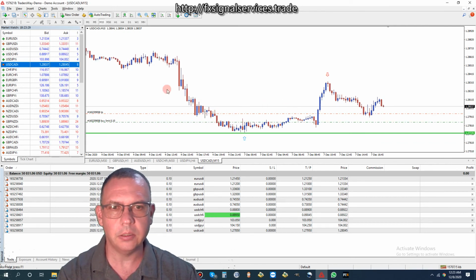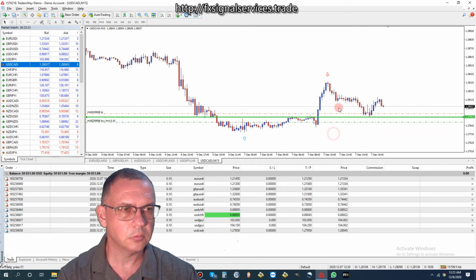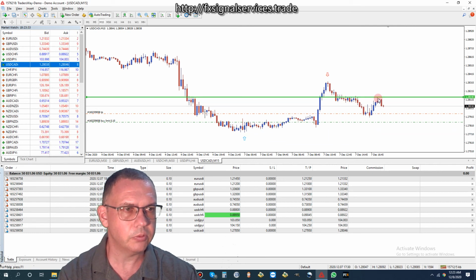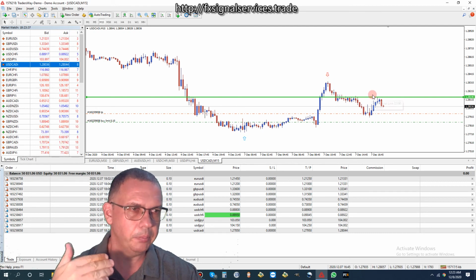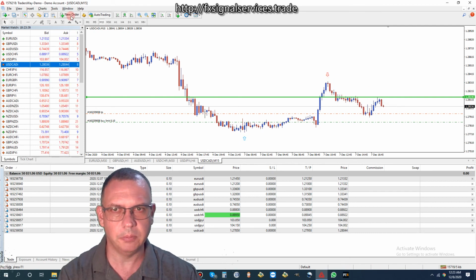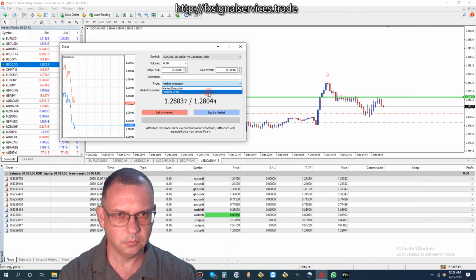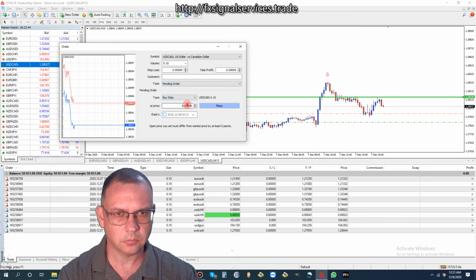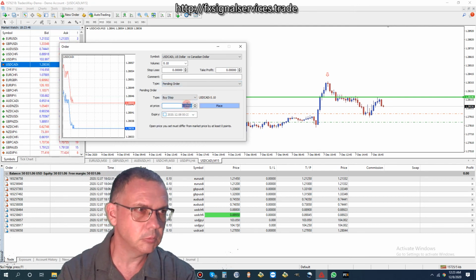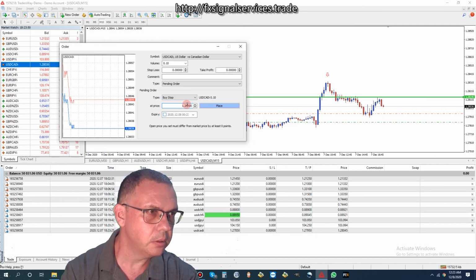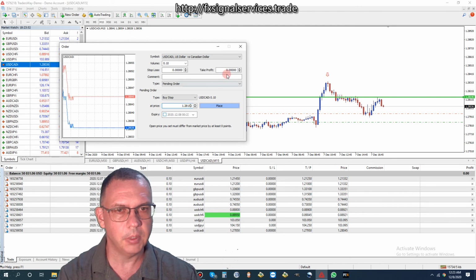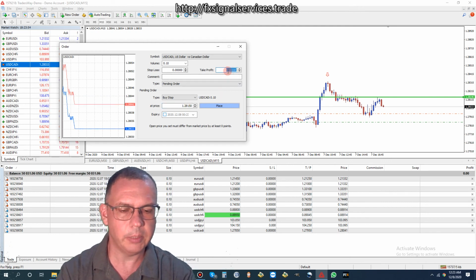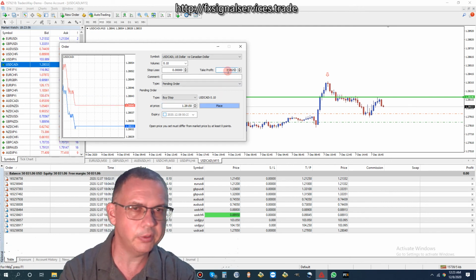And then we have a resistance right here and another resistance here. So I'm going to put a buy stop with 100-pip take profit as well. 1.28150, and take profit at 1.28250.